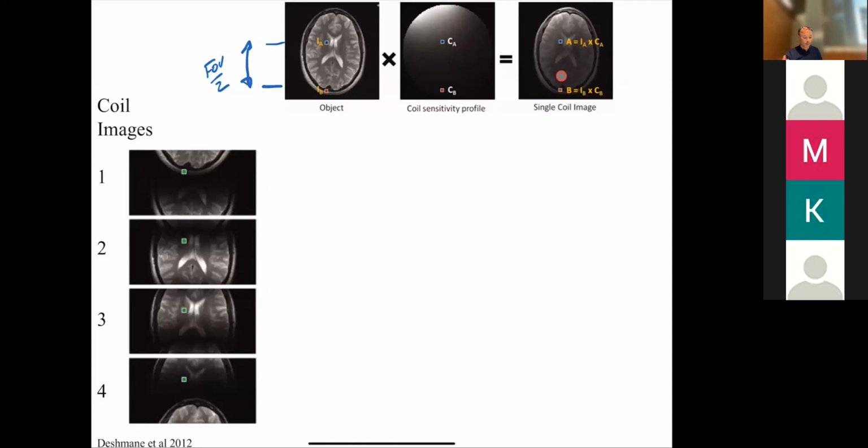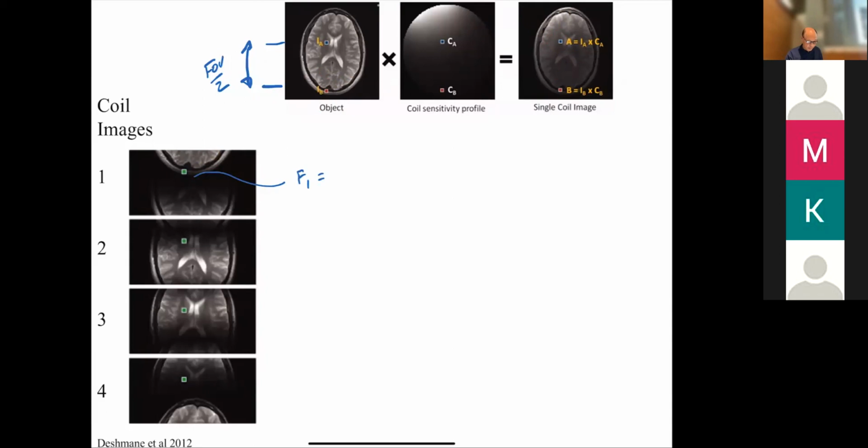Okay. But let's say I did that same thing and I cut out every other line in k-space. So now I'm going to have aliasing, right? Point A and point B are going to lie on top of each other because things repeat at FOV over 2 now. Let's say this is the image from coil 1.